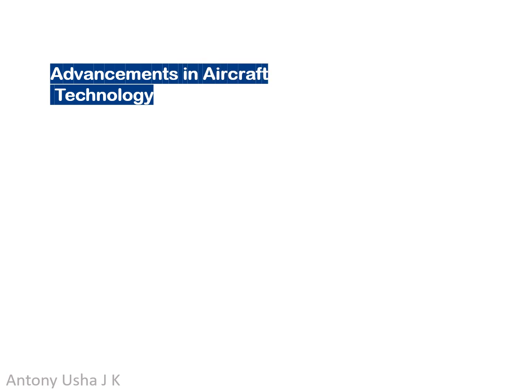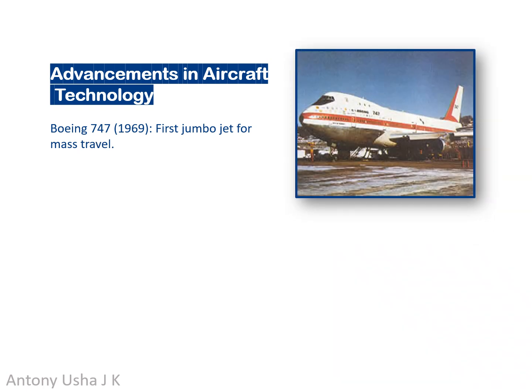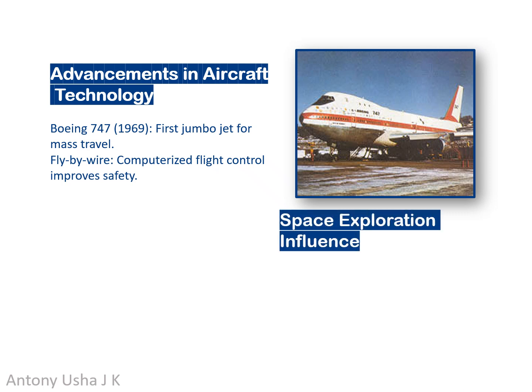Advancements in aircraft technology: Boeing 747. In 1969, it was the first jumbo jet, which enabled mass air travel. It involved fly-by-wire systems, the introduction of computerized flight control systems, improving safety and efficiency, making flight even broader, safer and computer-controlled.